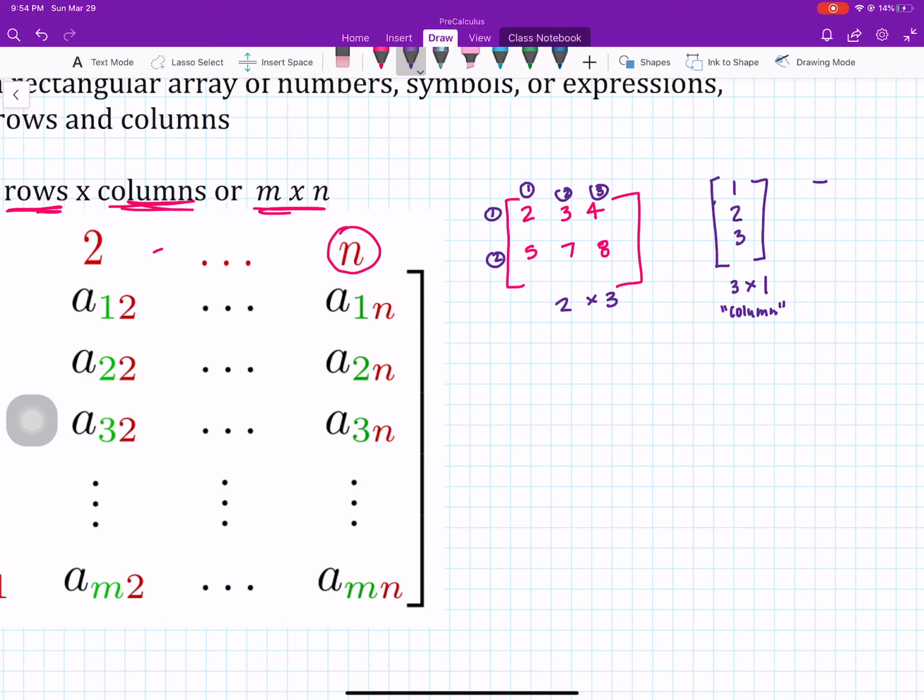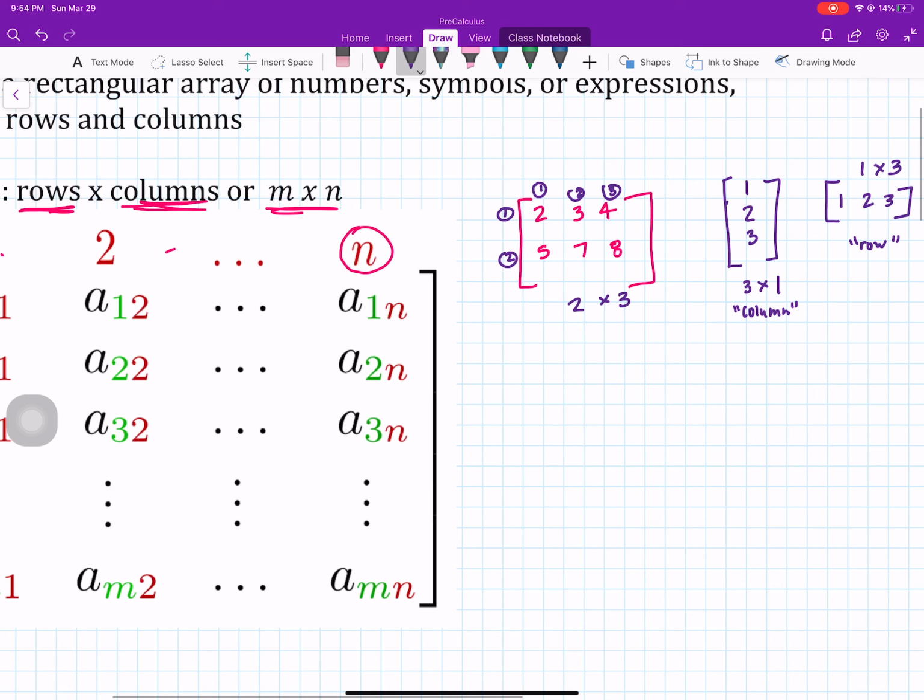And then conversely, we could have 1, 2, 3 like this. This would be considered a row matrix because it's just one row. And you would call this a 1 by 3 matrix.